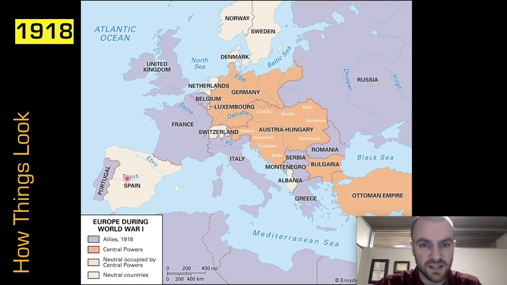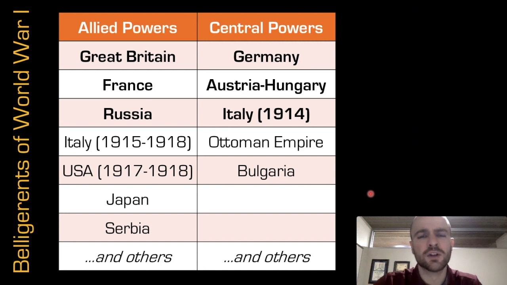You can see that the Central Powers are in orange. Germany, Austria-Hungary, Bulgaria, and the Ottoman Empire make up the Central Powers. You can consider Germany, Austria-Hungary, and the Ottoman Empire to be the main combatants on that side. Here I included a table just so that you can easily organize this information in your head.